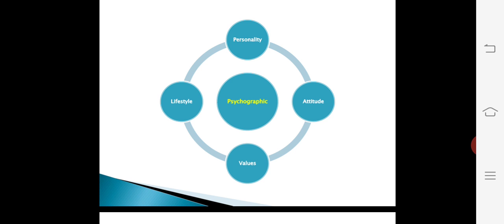Depending upon the personality of people, there may be different hair cutting styles, different ready-made garments, and different kinds of shoes. Okay. So in that way, marketers segment their products.